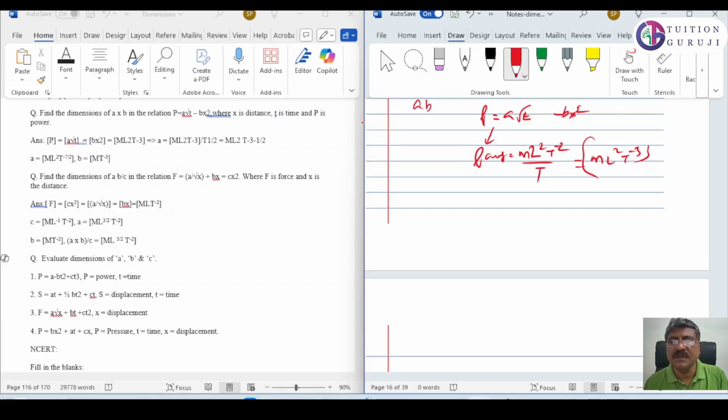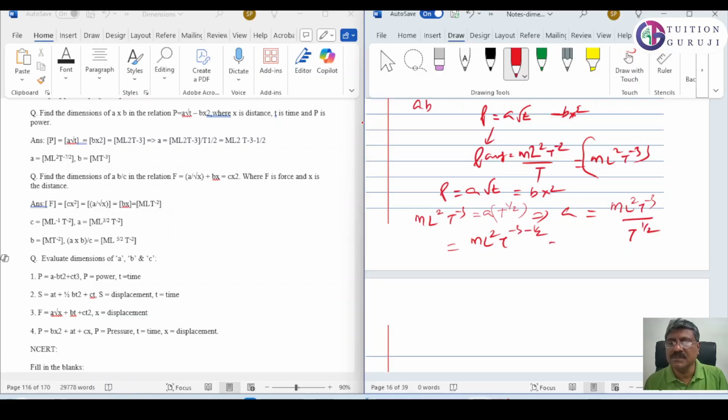Okay. So from this we can say P is equal to A root T is equal to B x square. So P, you know, m L square T to the power minus 3 is equal to A T to the power half, which implies A is equal to m L square T to the power minus 3 divided by T to the power half, which is equal to m L square T to the power minus 3 minus half.